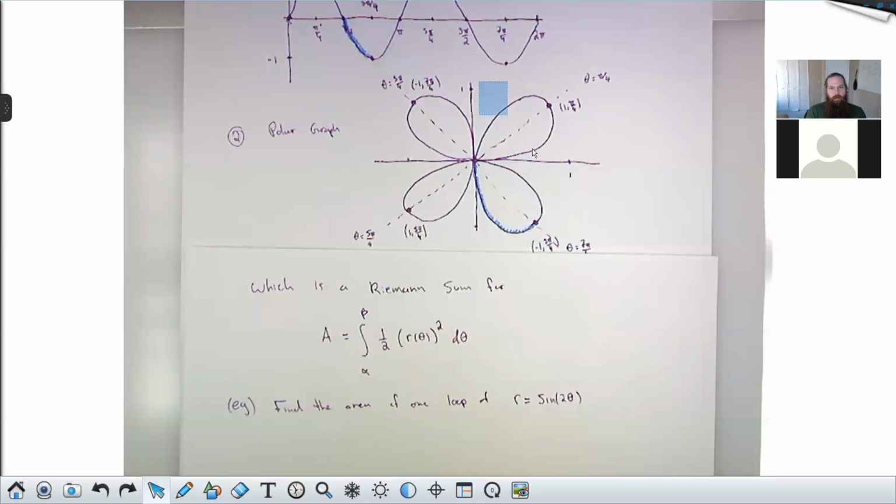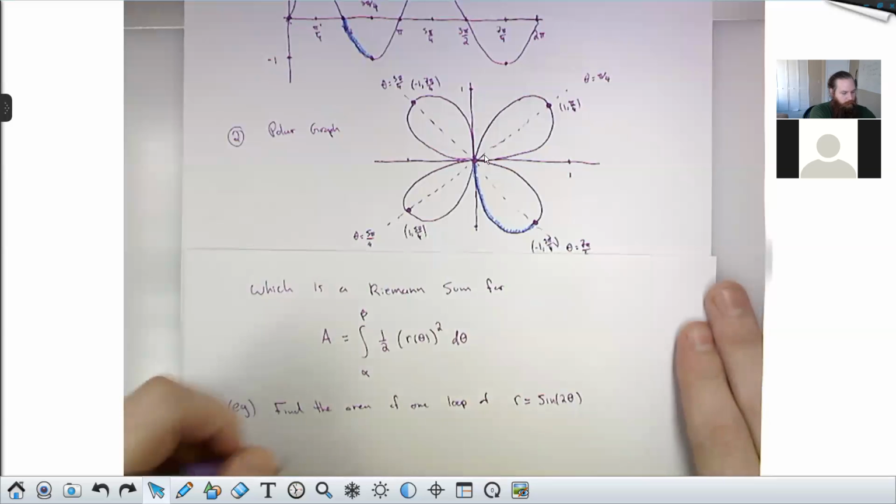But let's say I'm going after this loop. By symmetry, I could do any of them. What theta values gave me this first loop here? I'm going to require some feedback from you guys. Good, yeah, 0 to pi over 2, right? This was theta equals 0. This is theta equals pi over 4. And it came in here at theta equals pi over 2.